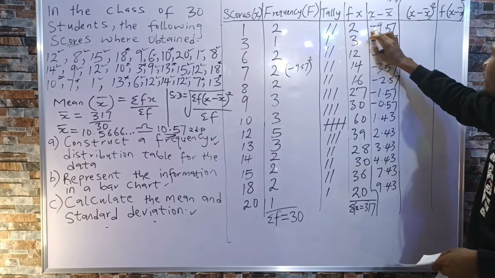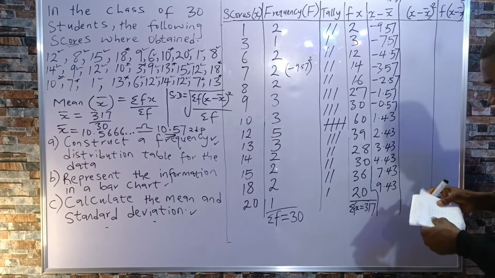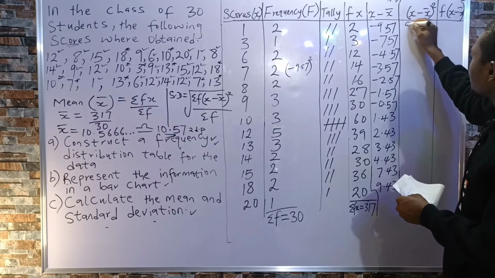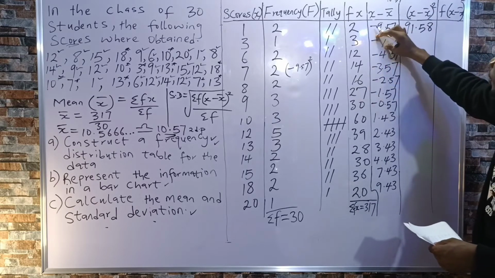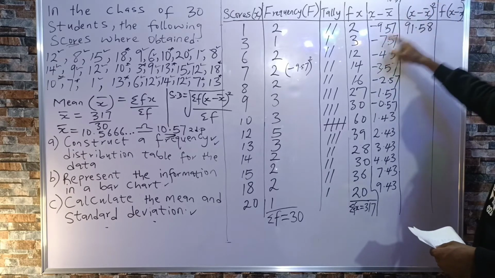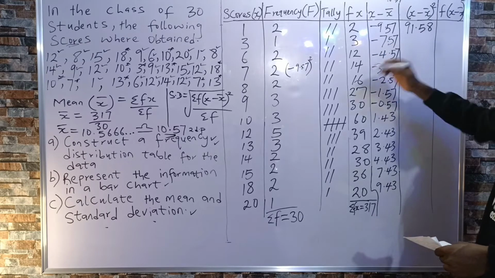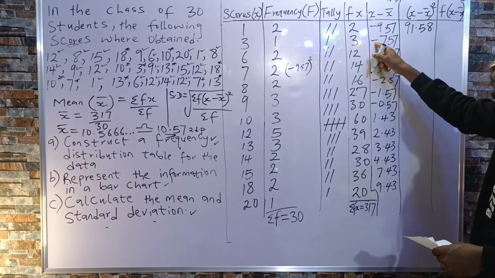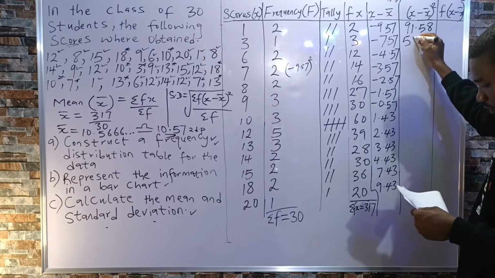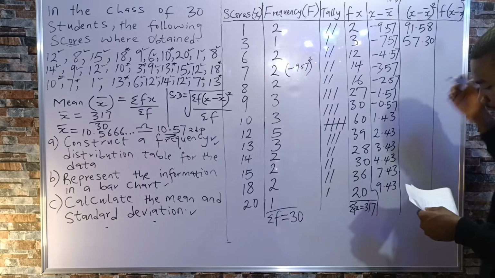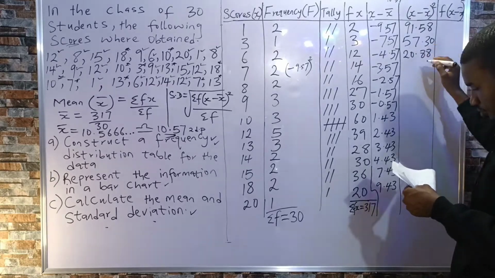And when we multiply negative 9.57 by itself, we shall have the value of 91.58. Then the same thing is applicable here. When we take the square of negative 7.57, that is saying negative 7.57 multiplied by itself, we shall have the value of 57.30, and the subsequent values are 20.88.